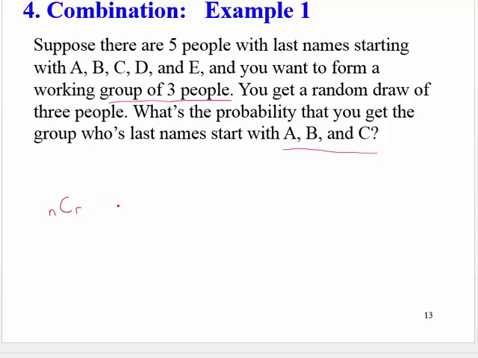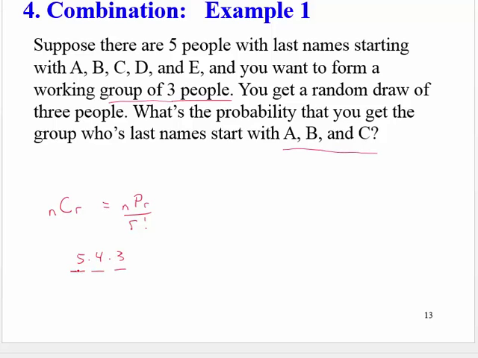And NCR is going to be equal to NPR divided by R factorial. In our case, we're going to have 3 spots. You can have 5 times 4 times 3.